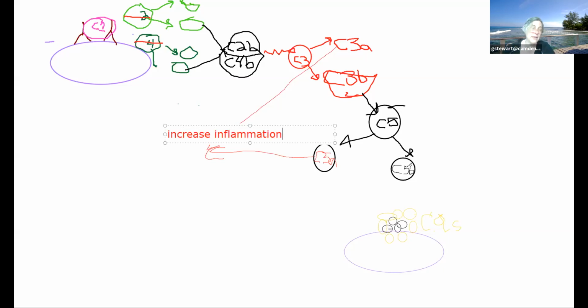They do that by, there's binding sites for them on mast cells and basophils, and then that's going to trigger inflammation, which of course is going to trigger more phagocytosis and making chemotactic gradients to call more cells to the area.